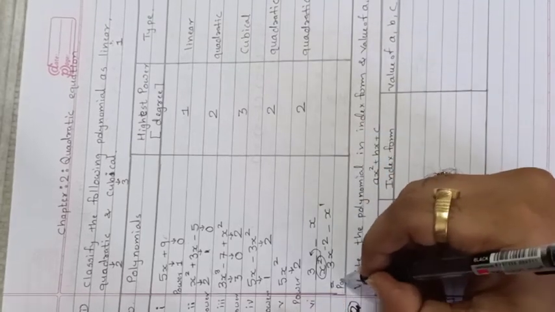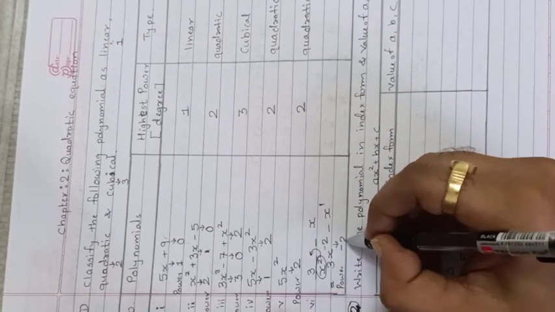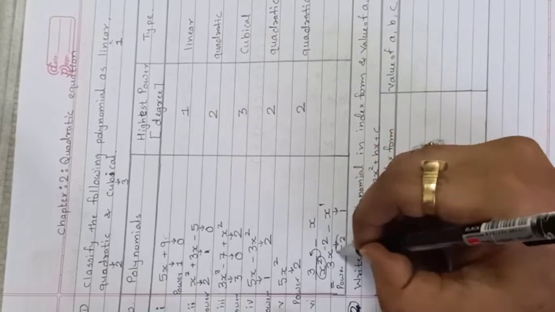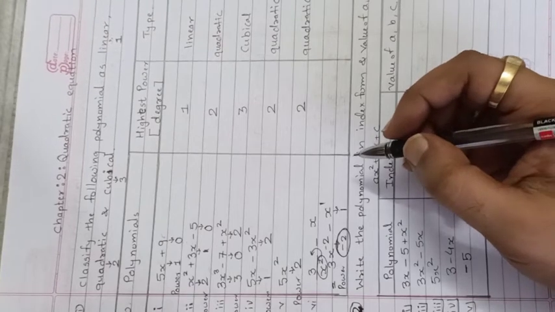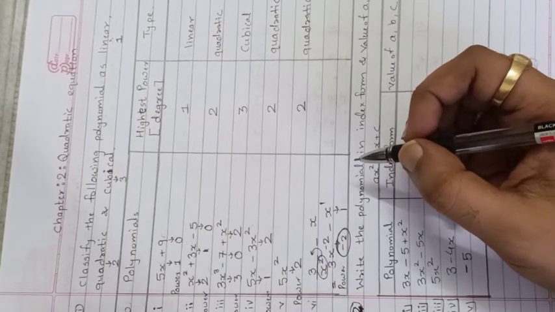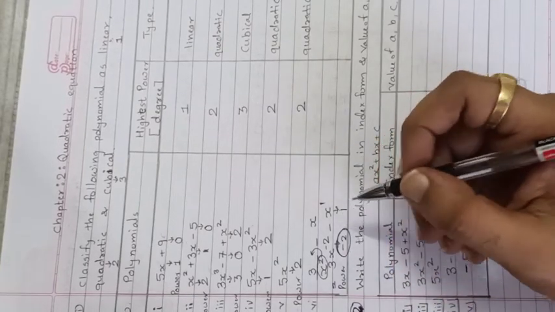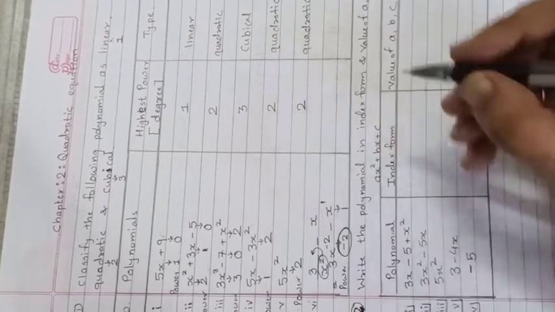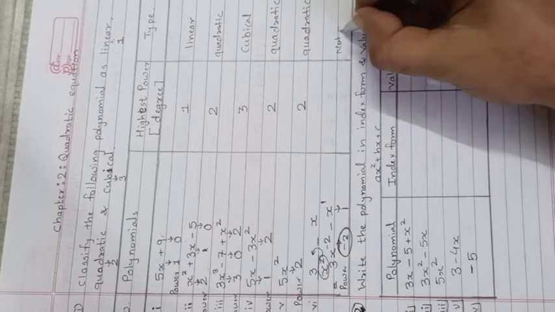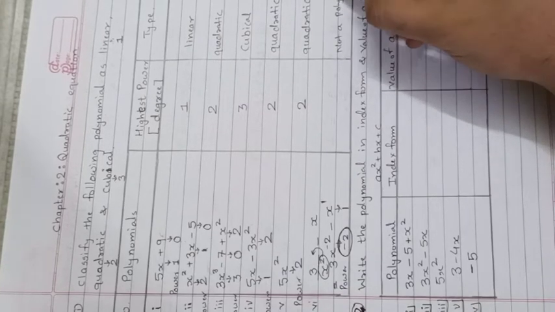So what are the powers? The power is minus 2 and the power is 1. You know, power cannot be negative, or power should not be negative. When any power is negative, whether bigger or smaller, that doesn't matter, it means that it is not a polynomial.